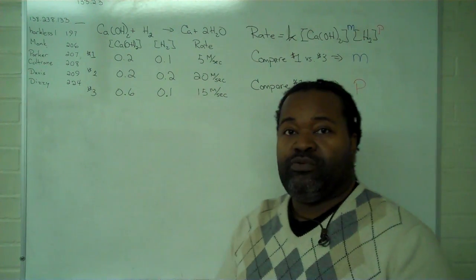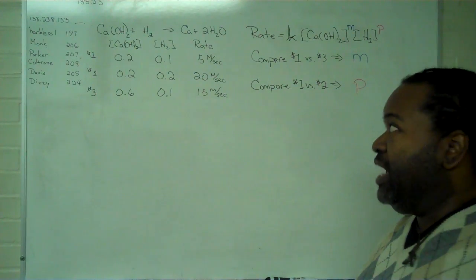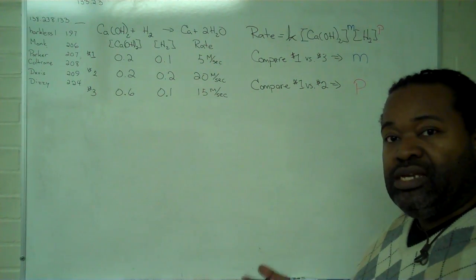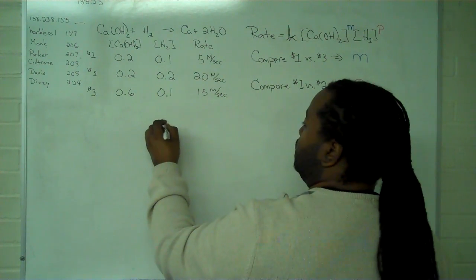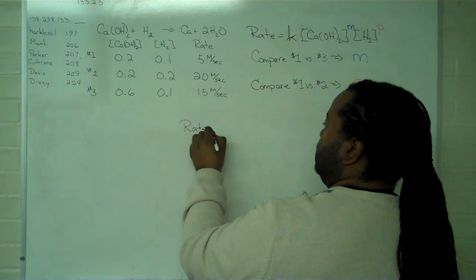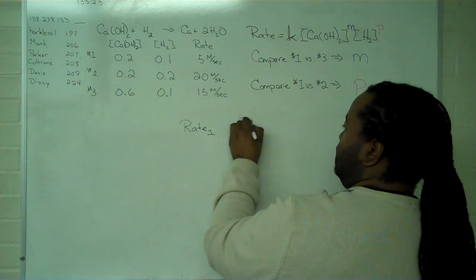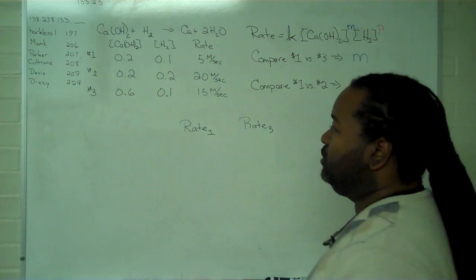So once you've determined what you're going to use to do these comparisons, the next step is to actually do the comparison. And I like to start by looking at the rate. So if we're doing the 1 versus 3 comparison, we want to determine the relationship between the rate for 1 and the rate for trial 3.